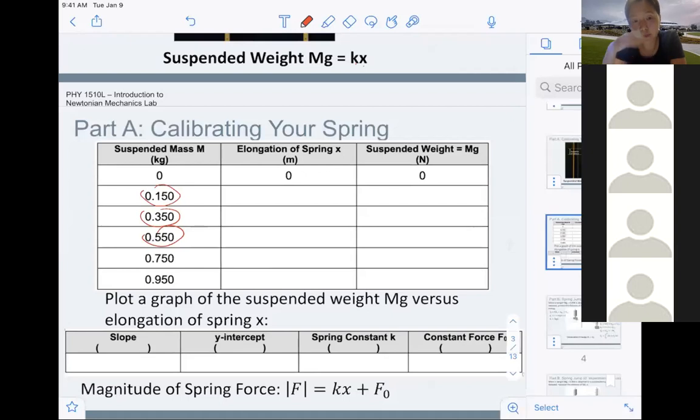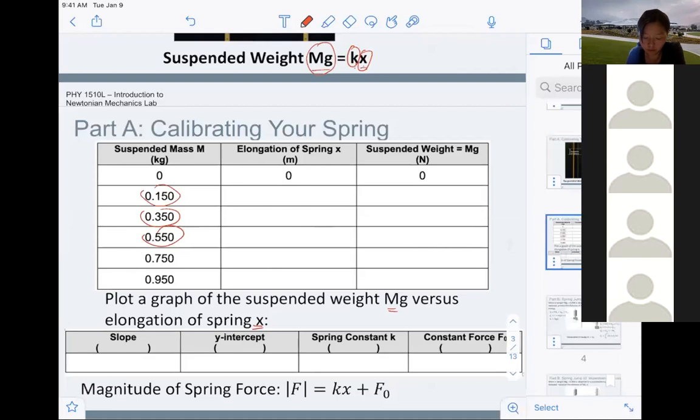From that measurement, we are going to plot the weight versus the elongation of the spring. According to Hooke's law, this force has to equal K times the stretch, so you should get a linear relationship. You should fit a straight line through the data, and the slope of that gives you the spring constant.